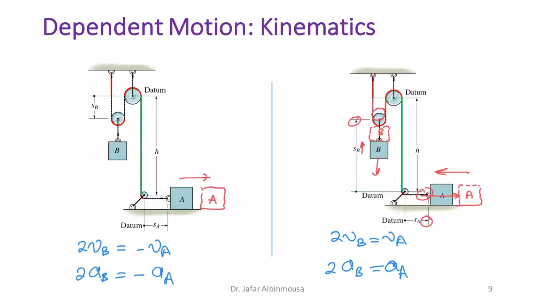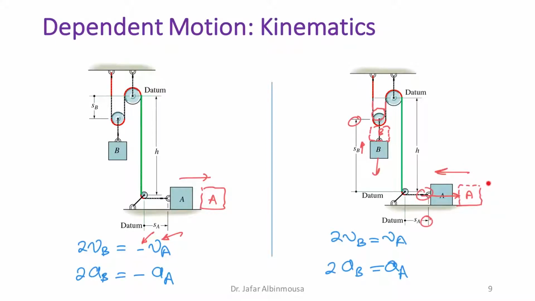And this is why you put a positive number over here, and you multiply it by a negative, so you get negative, which means that the velocity of A is going to be some constant number, but it has a negative sign. And the reason is that as A moves in this direction, B will move up. That's what we said even here.